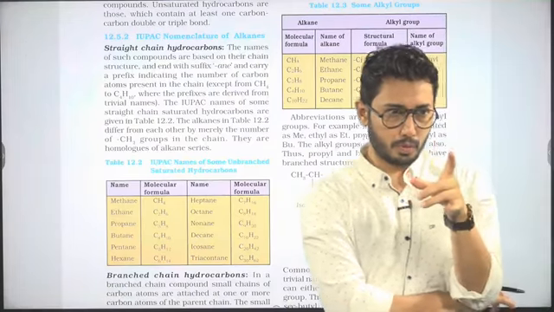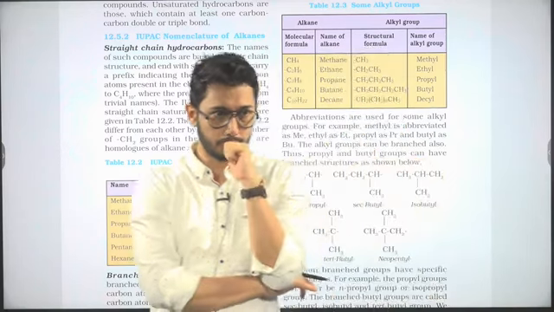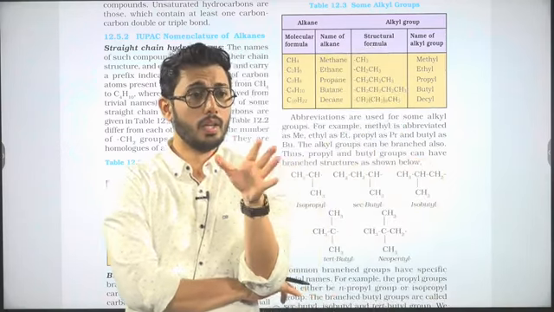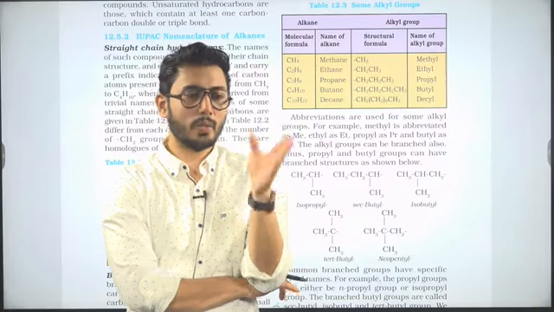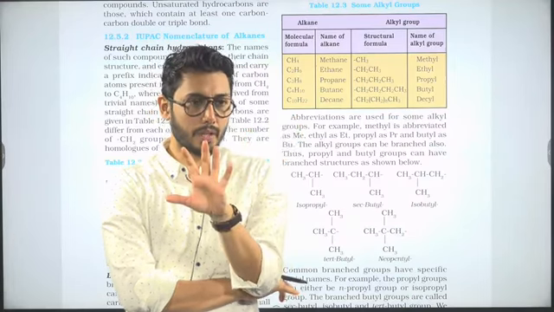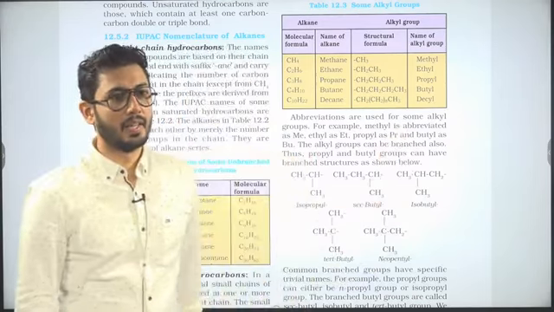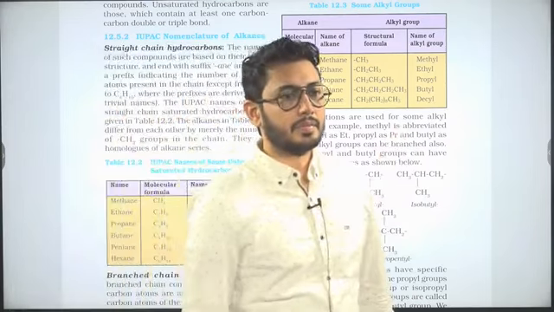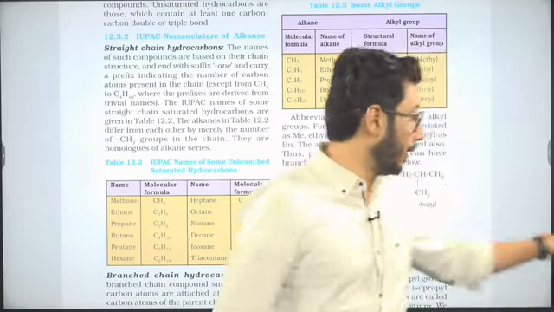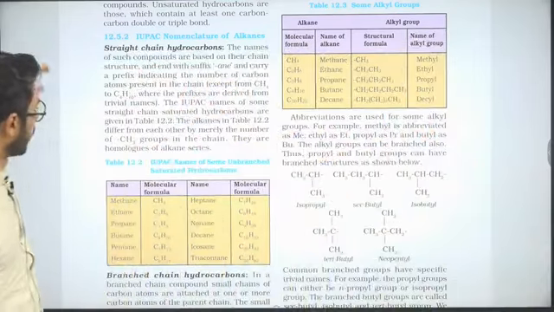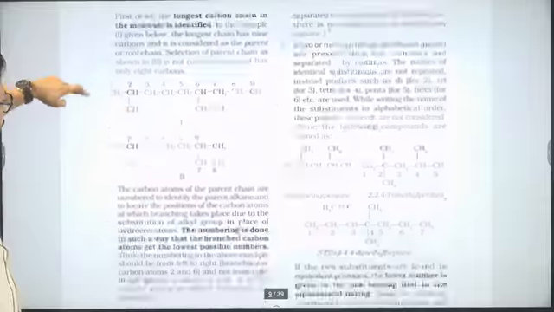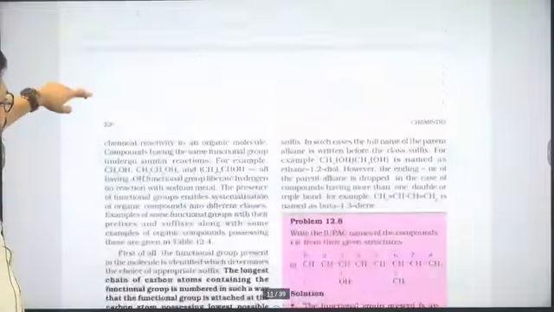Okay, out of these, 5 students are saying root word. Root word means the number of carbon atoms in the parent chain, so that is already completed. Iso, neo, common naming, or suffixes, seniority order.